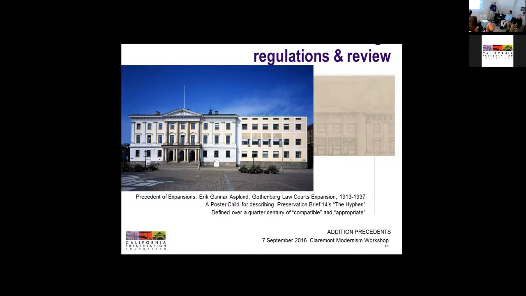And there's often a discussion in the standards about making a hyphen, which I think this is the ultimate definition of a hyphen, where it is really an addition to the building. It's no longer a symmetrical building, but does it need to be? Not really. And when you look at these drawings, the interior is dramatically different in the new edition. It's very modern, given it was done in 1937, as opposed to the early 20th century original law courts on the left.